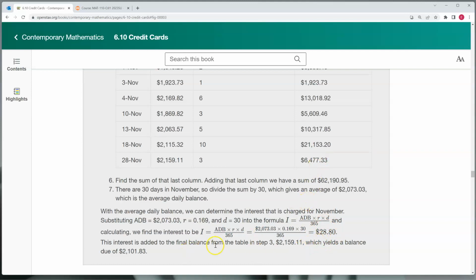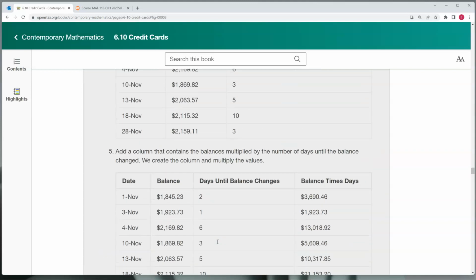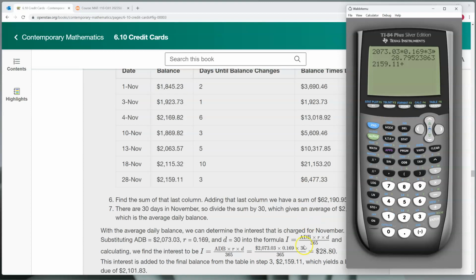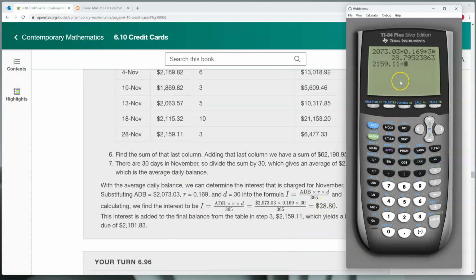So that's how much interest is going to be charged. So how do we calculate his next month's balance? Well, he ended the month with $2,159.11 on the credit card. And then it's going to charge him that $28.80.